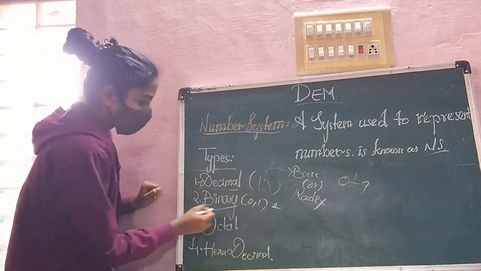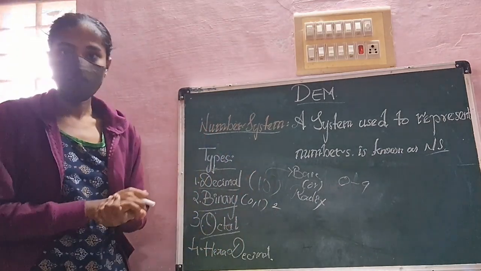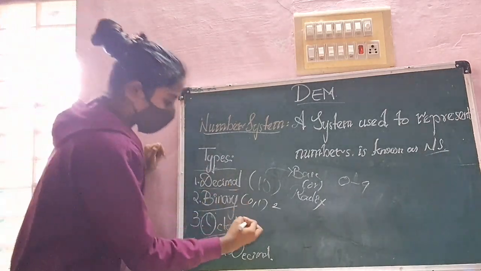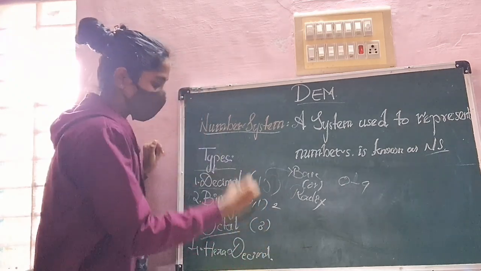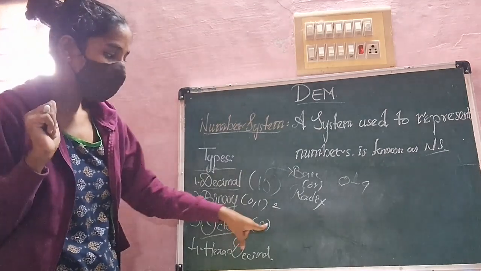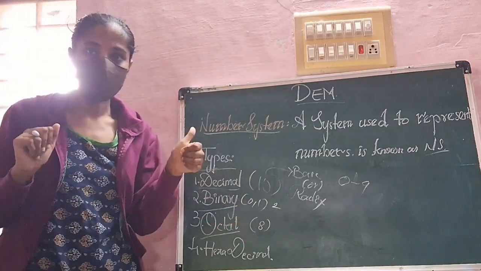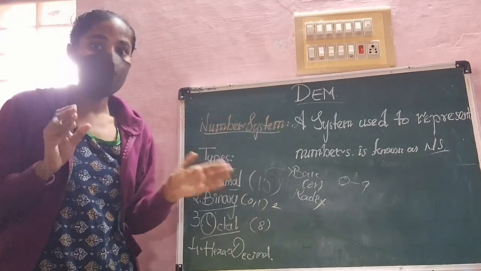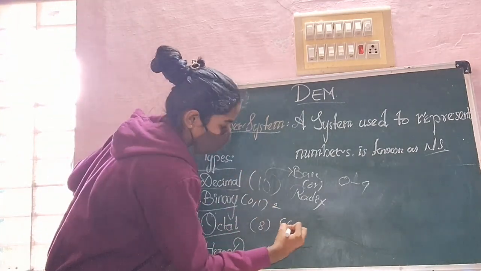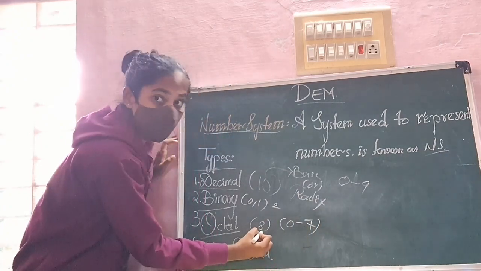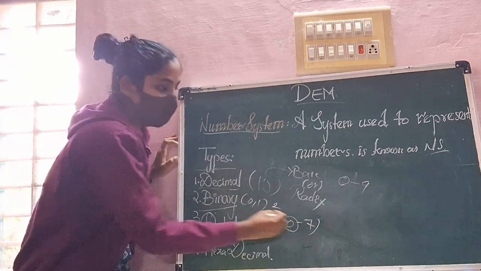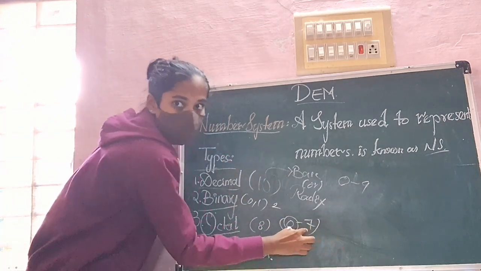And then octal. What is meant by octal? Octal means base 8. Base is also called radix. Base 8 means it counts from 0 to 9, sorry, base 8 means it counts from 0 to 7. The base is 8, but it counts from 0, so the last value is base minus 1.